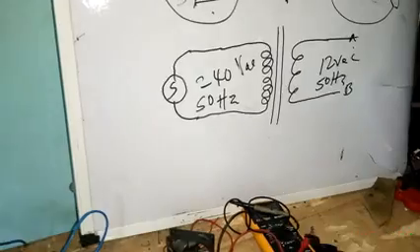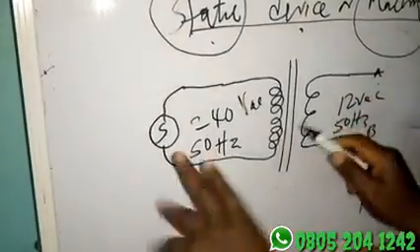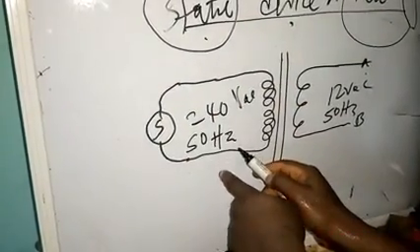You understand? So a transformer is a machine that transfers electrical power from one circuit.